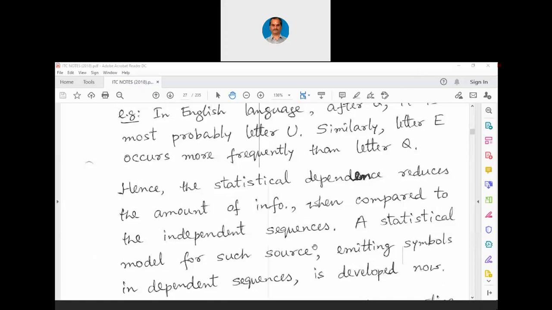How? Because statistical dependence again relates to probability, and when there are dependencies, probabilities are going to be multiplied. Always the probability lies between 0 and 1, which means it is always a fractional number. Any probability is basically a fractional number.